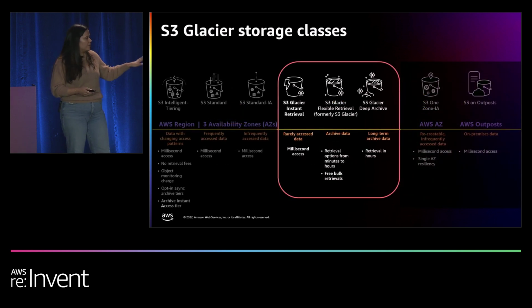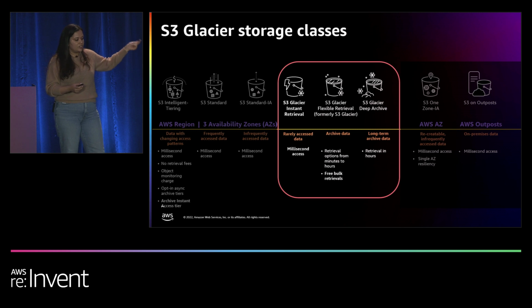And to serve this purpose, we have three Glacier storage classes, the archival storage classes that customers use for these purposes. The first one is S3 Glacier Instant Retrieval that we launched last year. It allows for millisecond retrieval for data that is very rarely accessed, but needs to be accessed instantly when it is accessed.